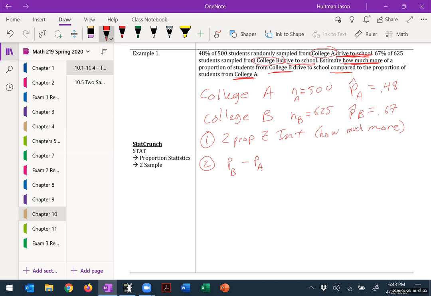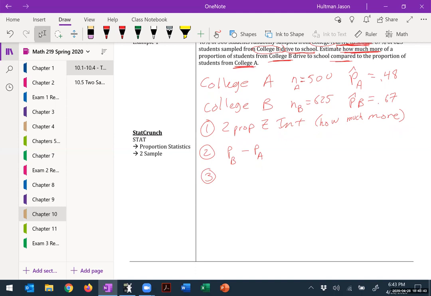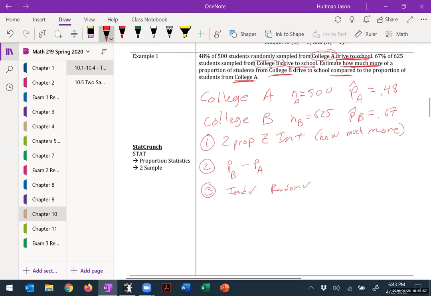Okay. And is it a significant difference? Okay, so I want to see, can I even do this? Can I run the numbers? Are the criteria met? Are the samples independent? Sure. Are they random? Sure. And then, are both of these greater than 10 for the sample sizes?